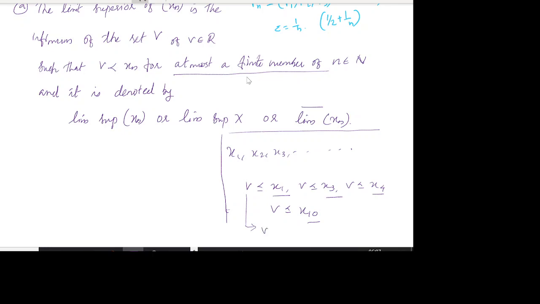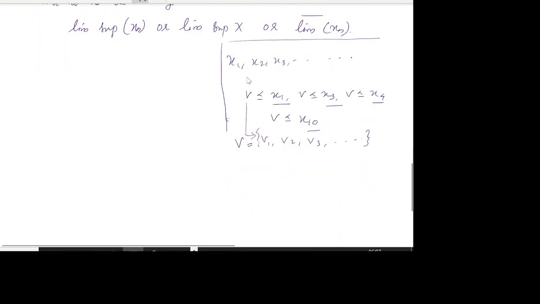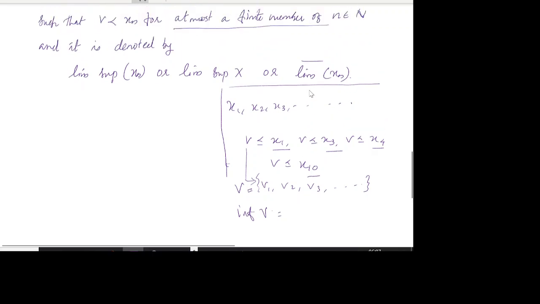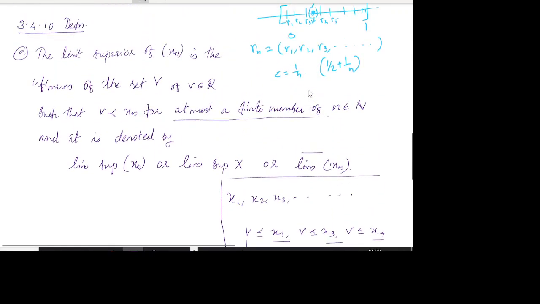Such v's you collect and form a set v1, v2, v3, etc. This set is our V. Now you find the infimum of this set. This infimum is called the limit superior. Limit superior of xn is the infimum of the set of v belonging to R such that v is less than xn for at most a finite number of n belonging to N.